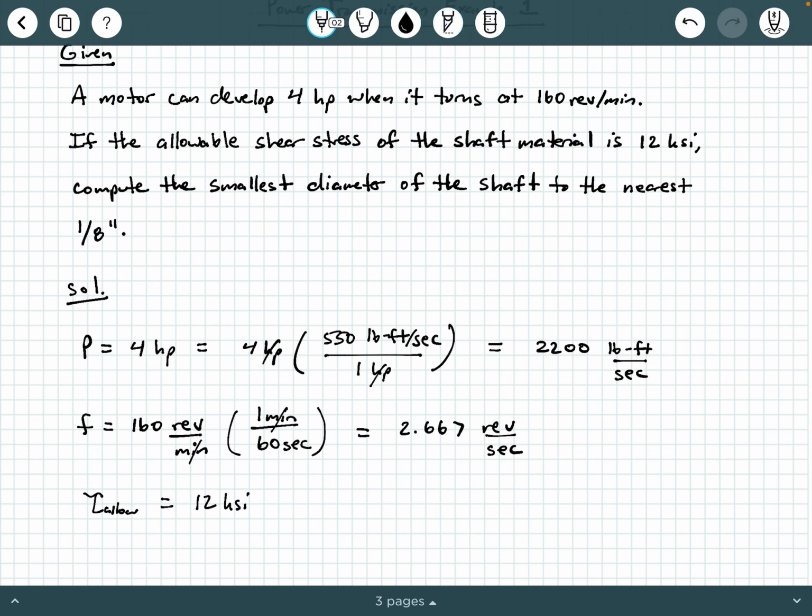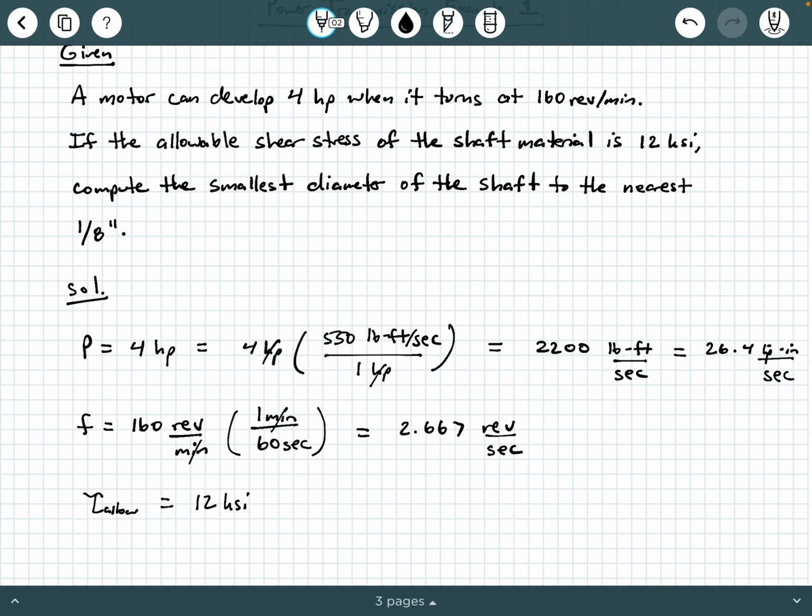It's probably easier to convert the pound-feet per second to kip inches per second. So I'm going to take the 2,200 and divide by 1,000, which gives me kip feet per second, and then multiply by 12 inches per foot. And so I should get 26.4 kip inches per second, okay?